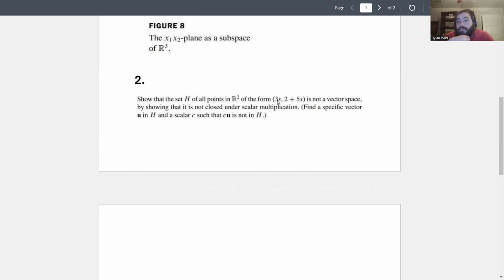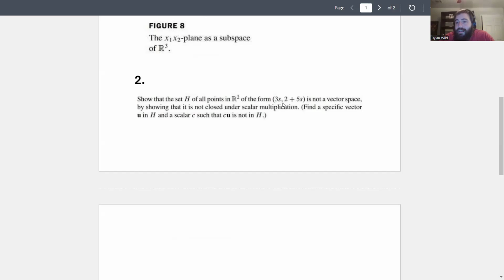And there has to be some scalar that I can multiply that vector (3, 7) by that contradicts this initial setup for the vector in R2.